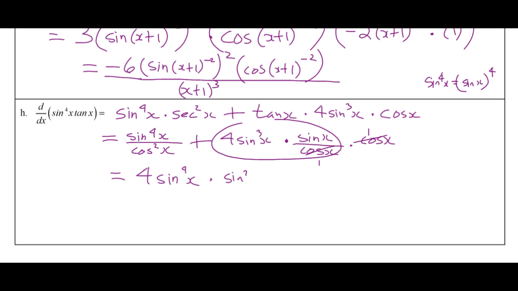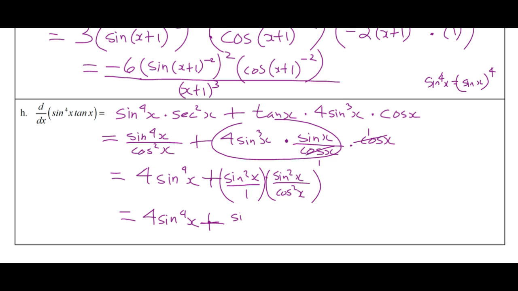Let's go sine squared x times sine squared x over cos squared x. Okay, so I'm splitting the sine to the fourth up. But I'm doing this because sine squared over cos squared is tan squared, right? So this can become 4 sine to the fourth x plus, sorry, it's not times, that's a plus, plus sine squared x tan squared x.